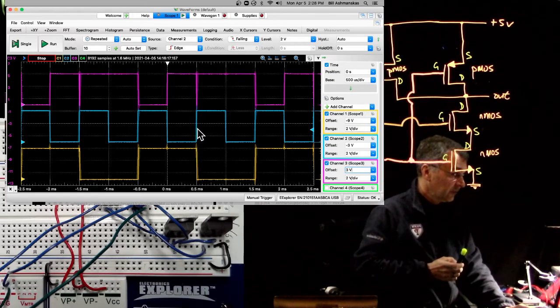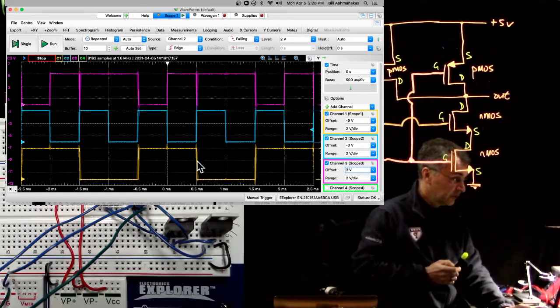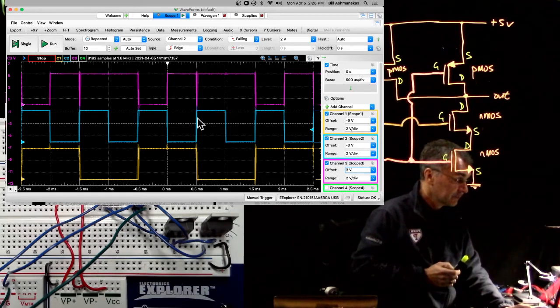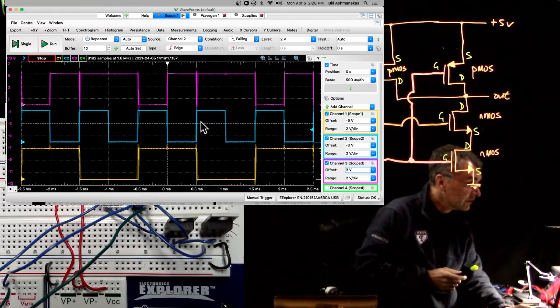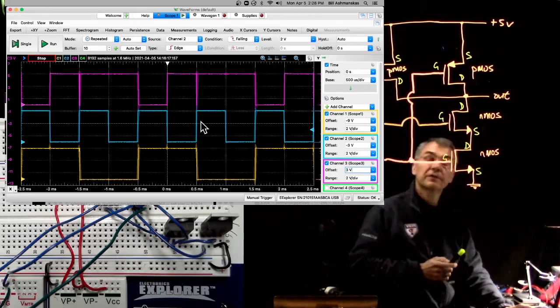So I guess there's an instant where it thinks that channel 2 has gone high, and it doesn't realize yet that channel 1 has gone low. So you see a little bit of a glitch. And I think there's no way to avoid that 100%. Is there?